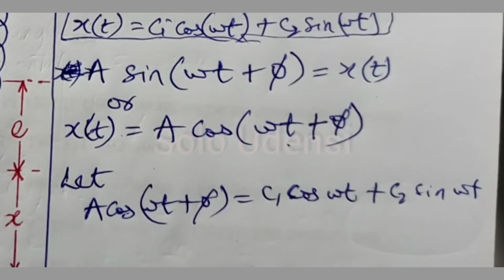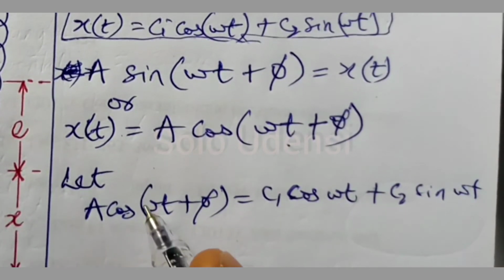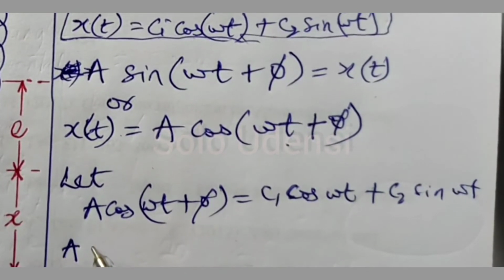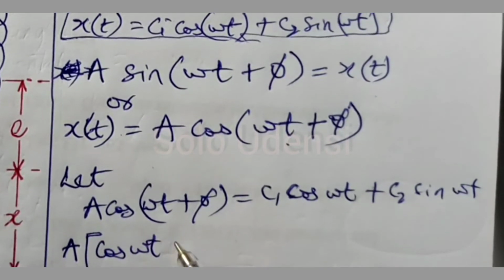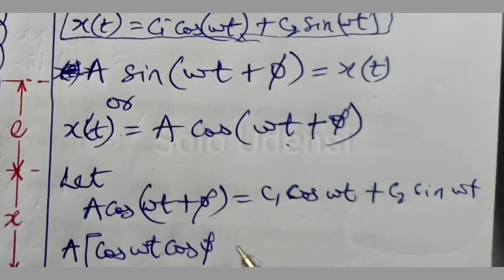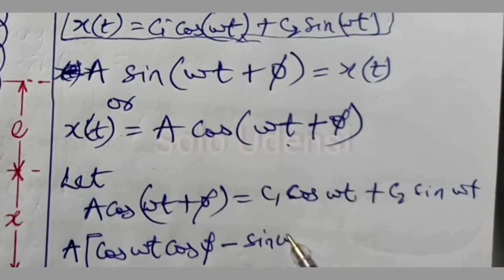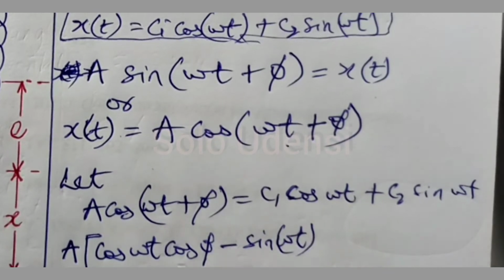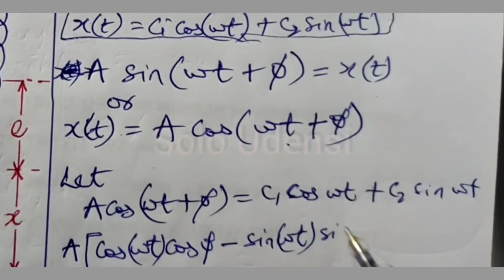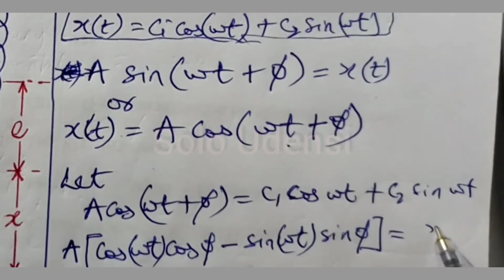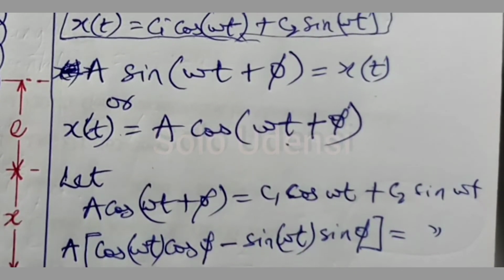And you know that a cos omega t plus phi is a into cos omega t cos phi minus sine omega t sine phi, which is equal to this equation above.